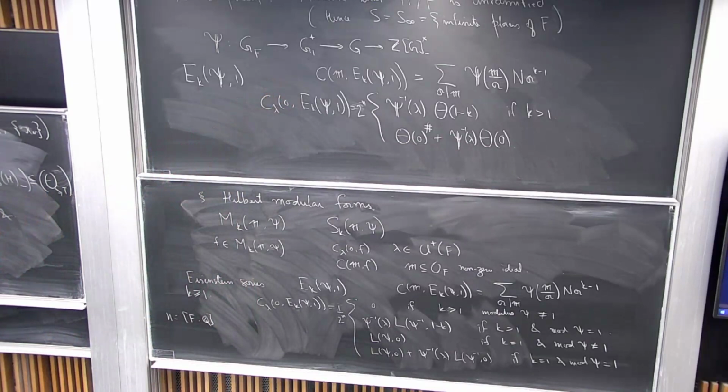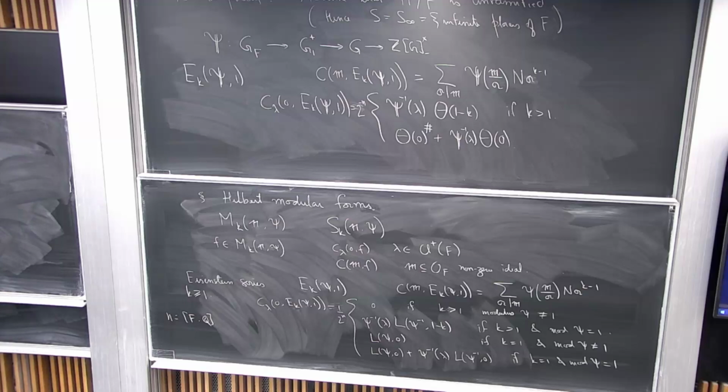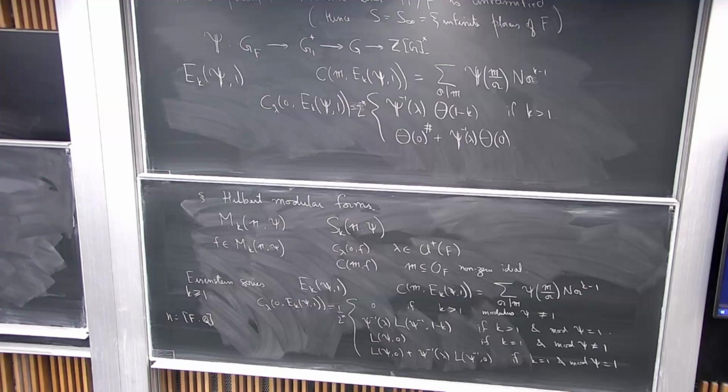Okay, so theta minus k, this is theta st of 1 minus k, and what this does is for any chi you get L st chi inverse of 1 minus k.